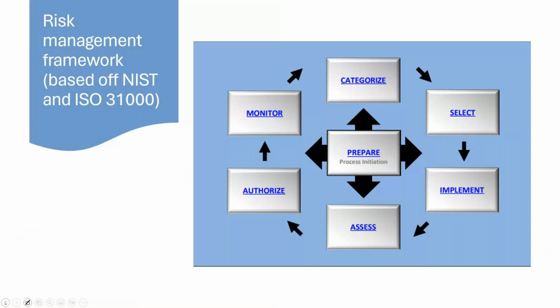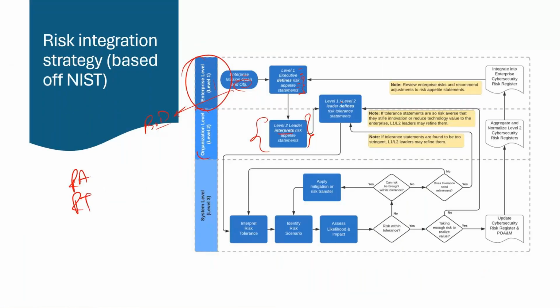Once they have interpreted that, they would define the risk tolerance statement between level 1 and level 2. They together would define the risk tolerance statement, because from an enterprise level, the risk tolerance could look completely different from level to level. And that's why there should be a discussion between the enterprise and the organization level leaders to define the risk tolerance statement.